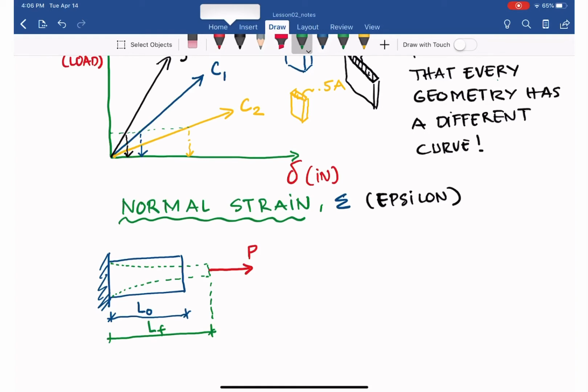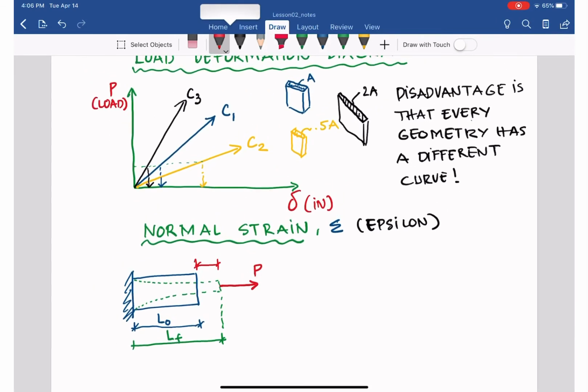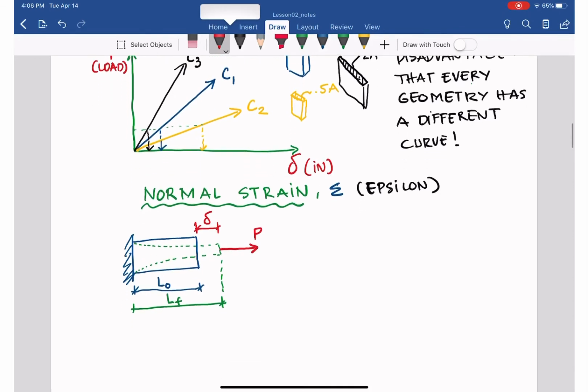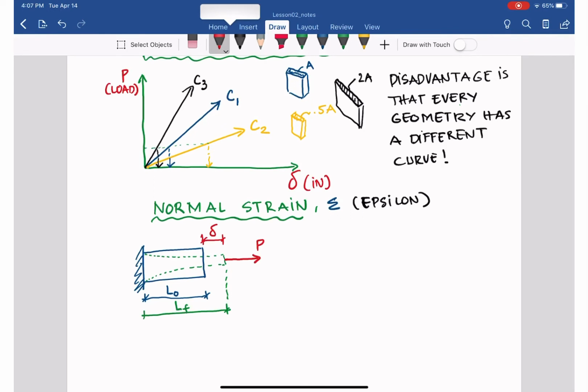The difference between the final length and L0, the original length, we call delta, the deformation, something that we drew in the load curve up there. So that's the deformation delta. From that, epsilon is the normal strain.